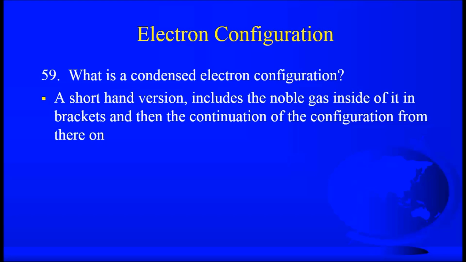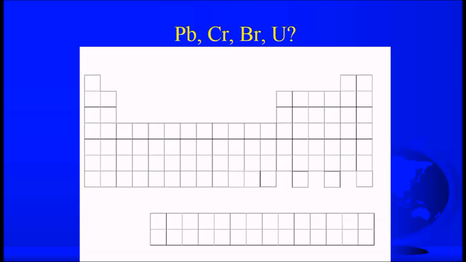Okay? So, in the same way, the pit in electron configuration is made up of electrons that really don't do anything. They just sit there. They do not ever get lost. They do not get gained. They just sit there. So, when we're doing the electron configurations for these guys, what we do is we find the noble gas.